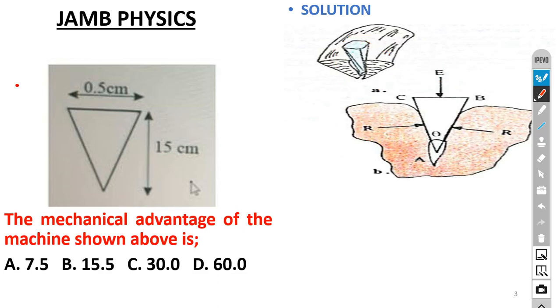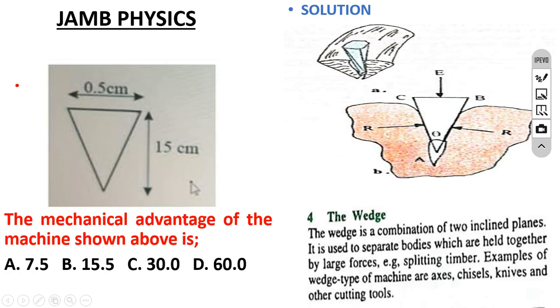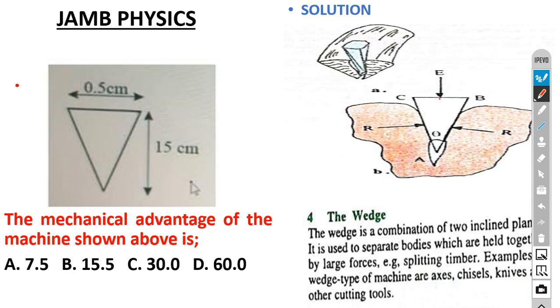So this machine is called the wedge. The wedge is a combination of two inclined planes. If you combine two inclined planes together, you get a wedge. So let's say this is one inclined plane and this one is the second one.